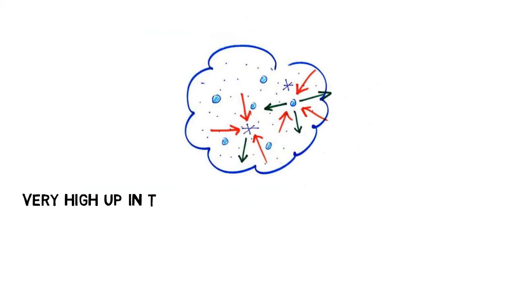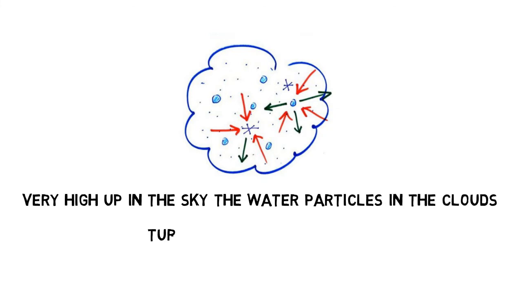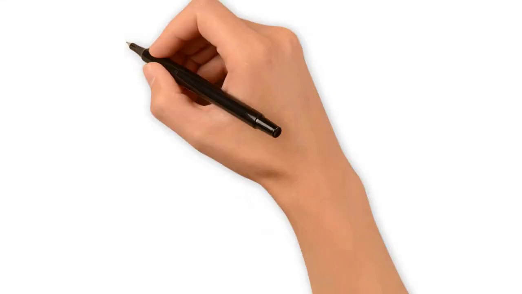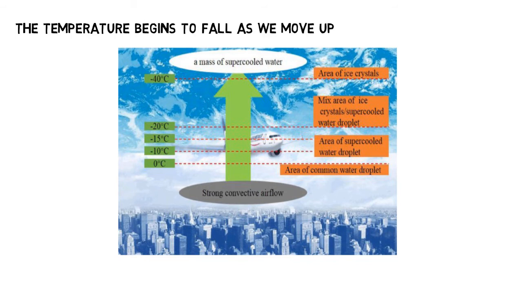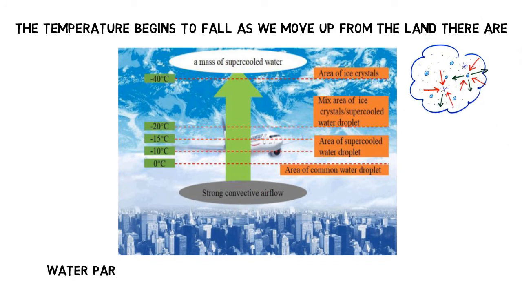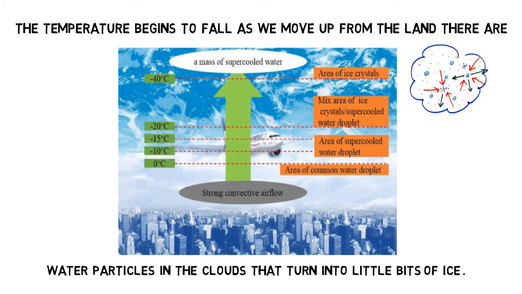Very high up in the sky, the water particles in the clouds turn into little bits of ice. Explanation of the second paragraph. The temperature begins to fall as we move up from the land. There are water particles in the clouds that turn into little bits of ice.